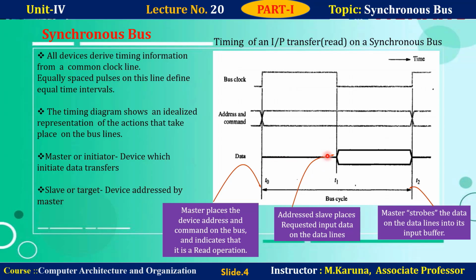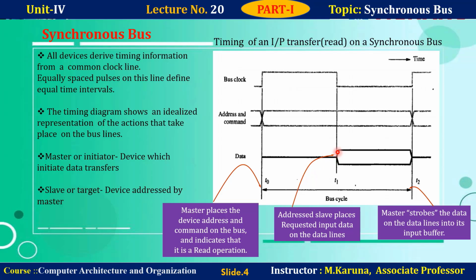So in this duration, decoding of the address and control signals is performed, so that the addressed device, that means the slave, can respond at T1. The slave will not place any data on the bus before T1, so there is no data on the data bus before T1.